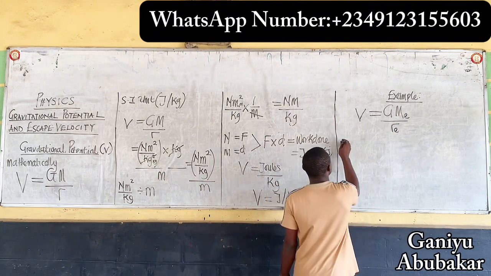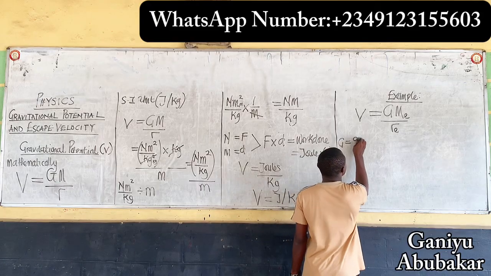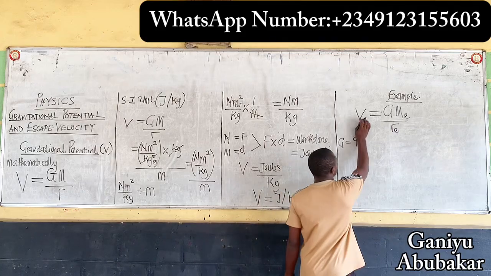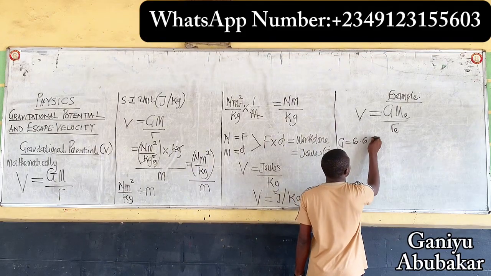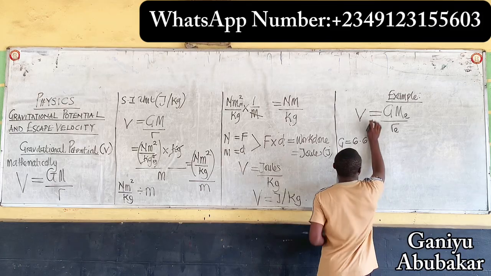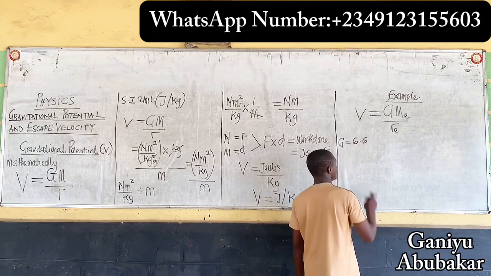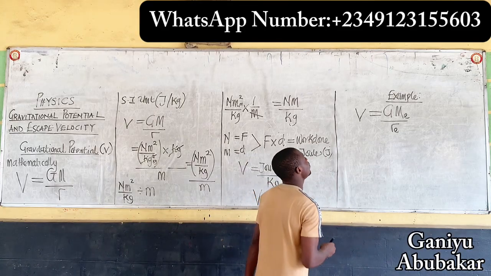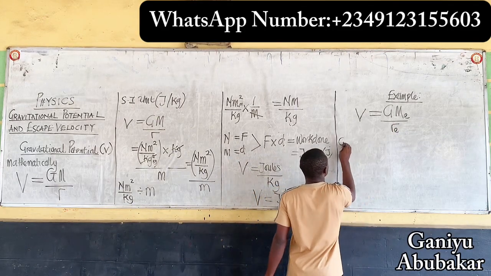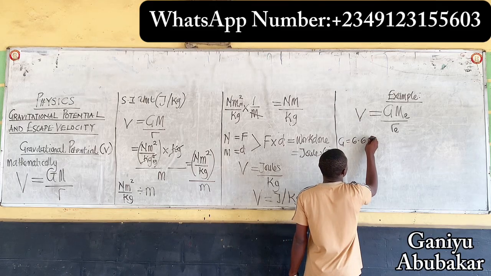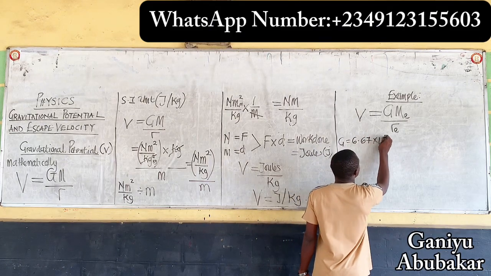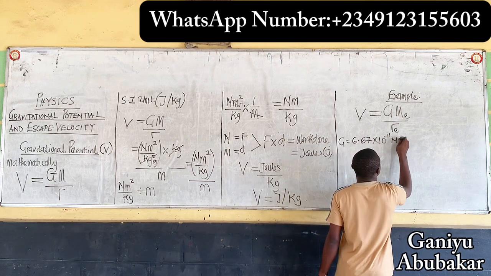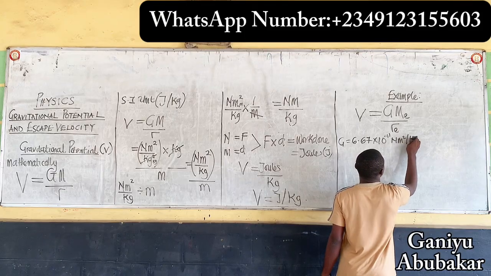And we know that G is 6.67 times 10 to the power minus 11 Newton meter square per kilogram square.